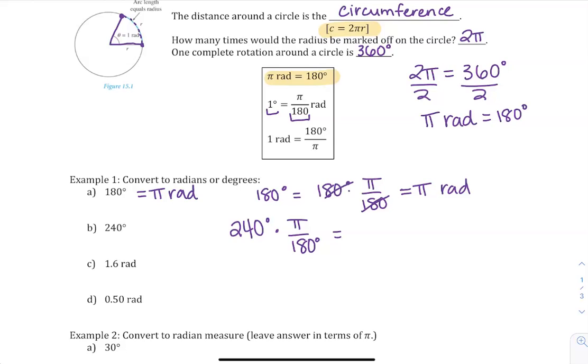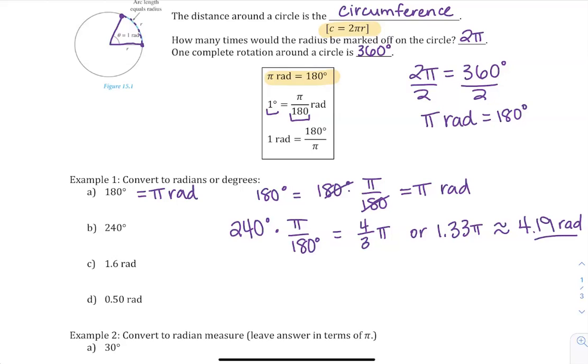I would just take 240, divide by 180, and I get a decimal, but I can turn that into a fraction. That is equal to 4/3 pi. Now, you could have left it 1.33 pi, and honestly, in applications, it probably would have been helpful to have an approximation, 4.19, and all of these are in radians.